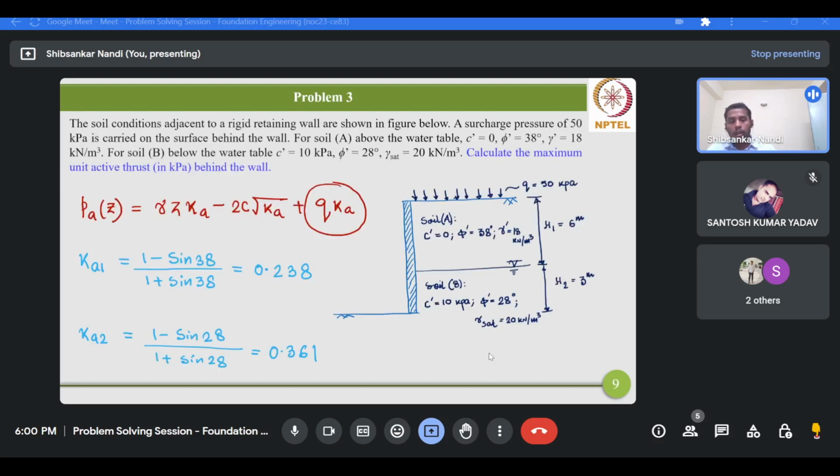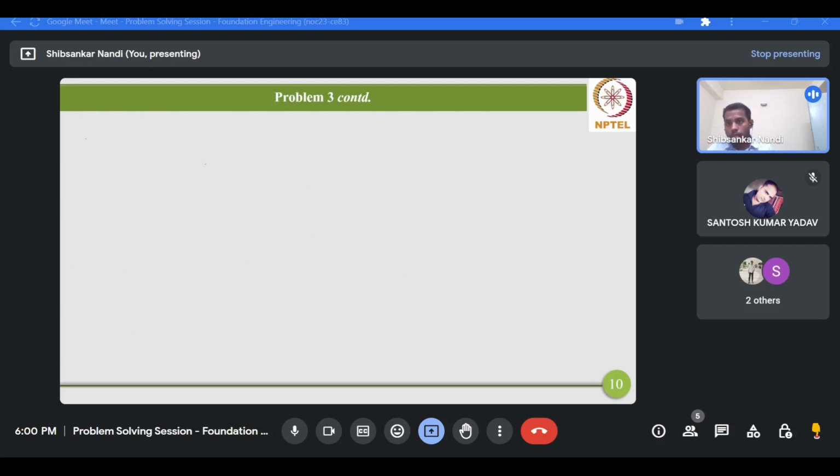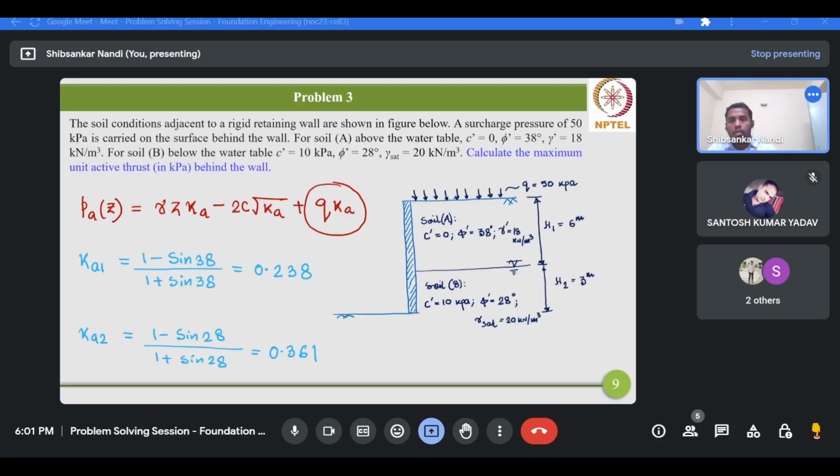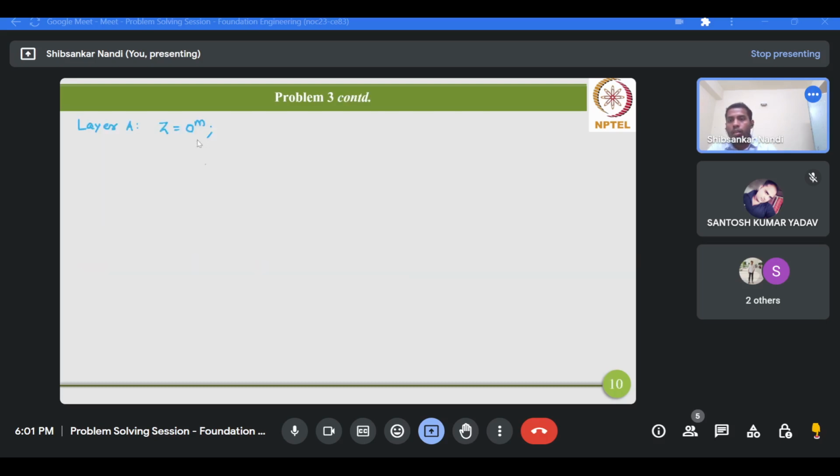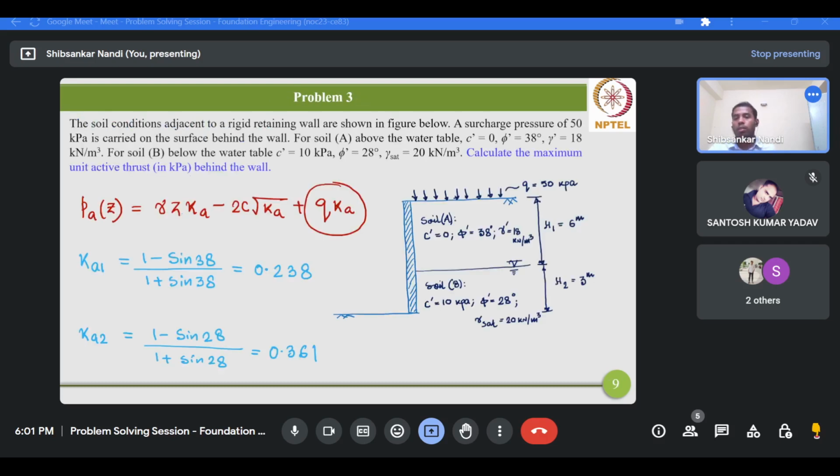Okay, now we'll start calculating the active earth pressure distribution. So layer 1 first, layer A, Z equals 0 meter. For this PA value, obviously the first component is 0. The second component will also be 0, because C prime for the first layer is purely cohesionless.